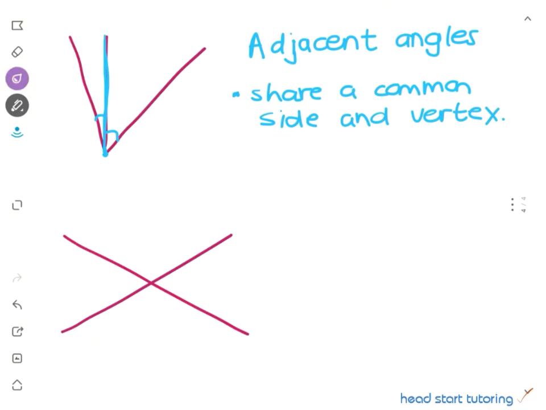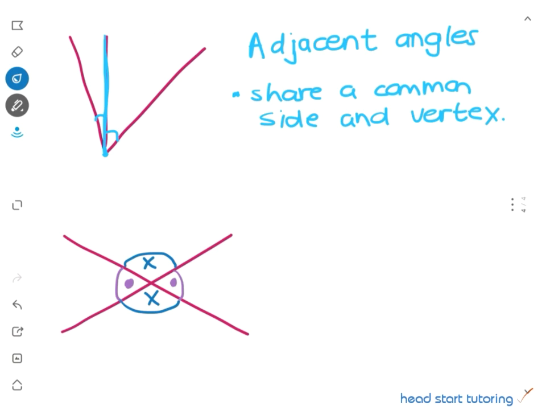And then let's have a look here. These are called vertically opposite angles. So if I put a circle there and a circle there, I'm indicating that those two angles are equal to each other. And if I put a cross there and a cross there, I'm saying that those two angles are equal to each other. So when two straight lines intersect or bisect, we know that opposite angles will be equal.